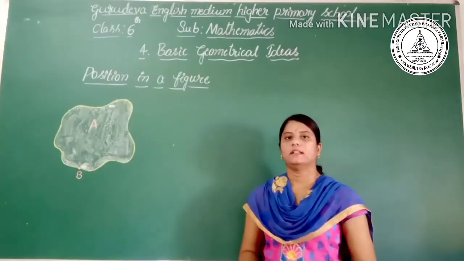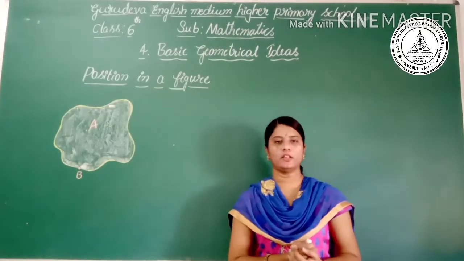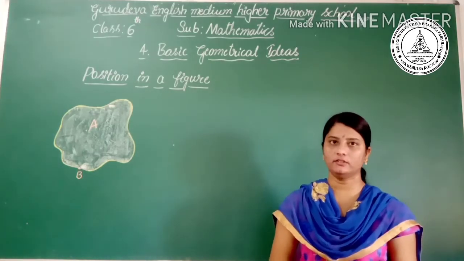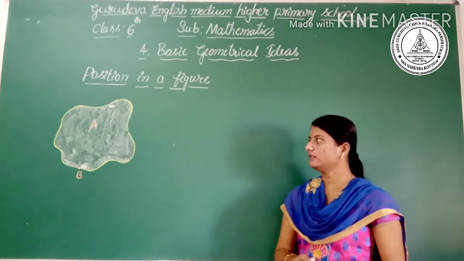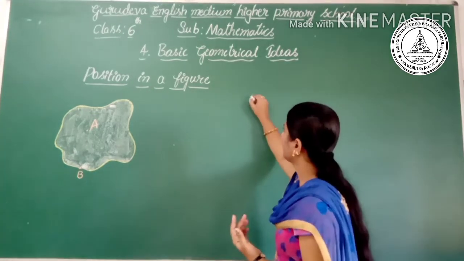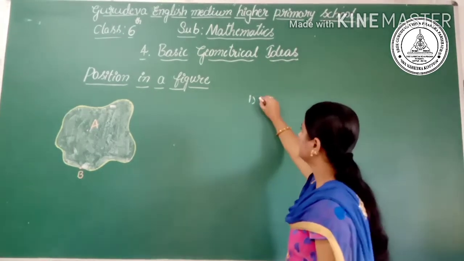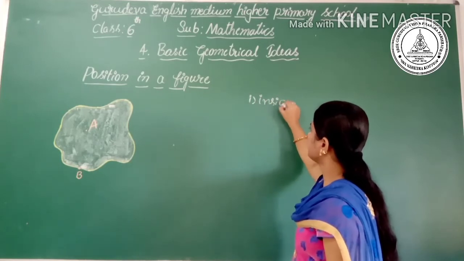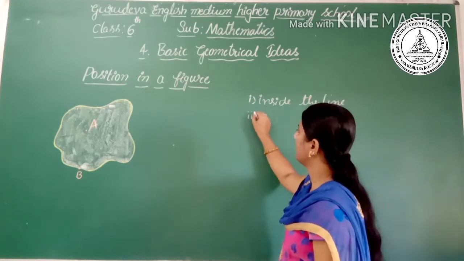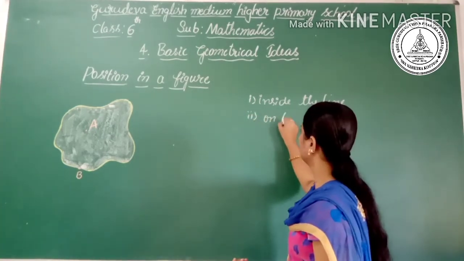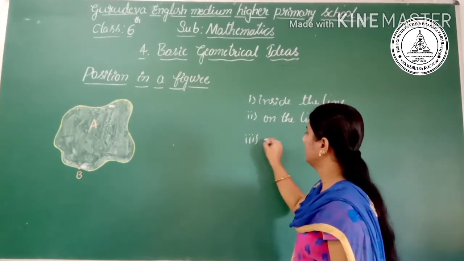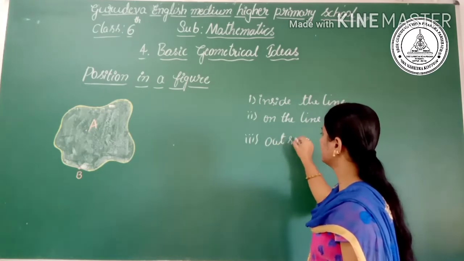The next concept is positioning in a figure. Have you seen a tennis court, a shuttlecock court and also a cricket court? A court can be divided into three parts: first, inside the line, then on the line, and outside the line.